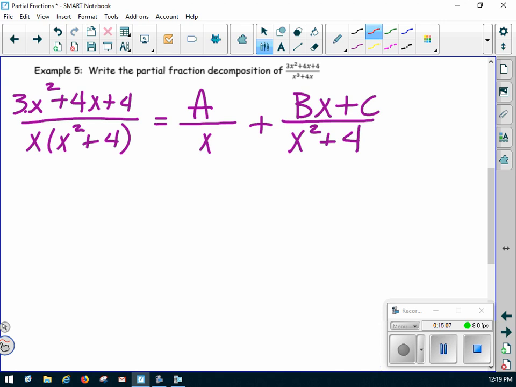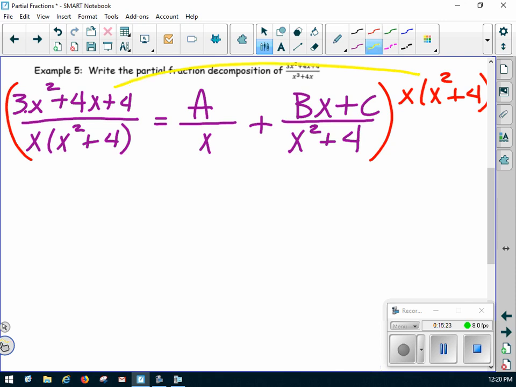All right, let's go. What do we do? Multiply by the common denominator. Distribute, distribute, and distribute.